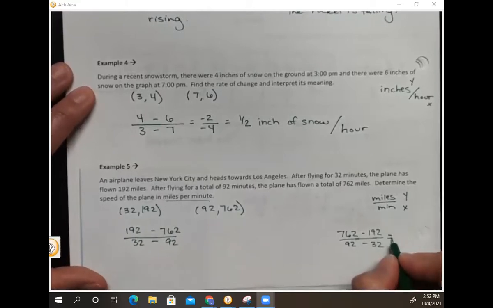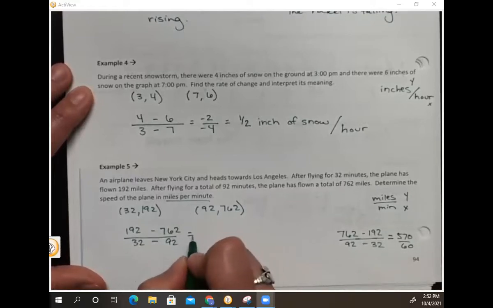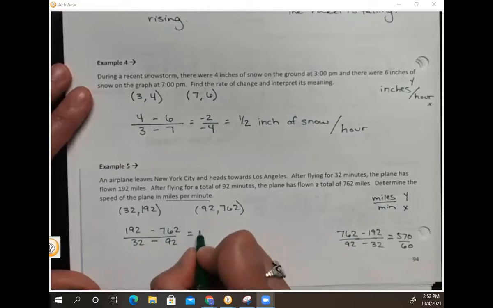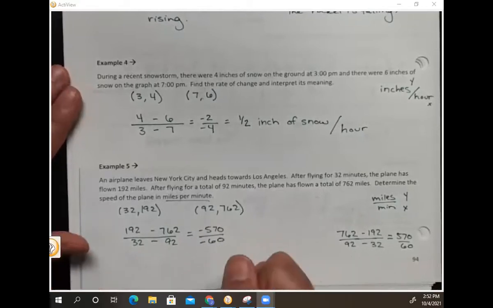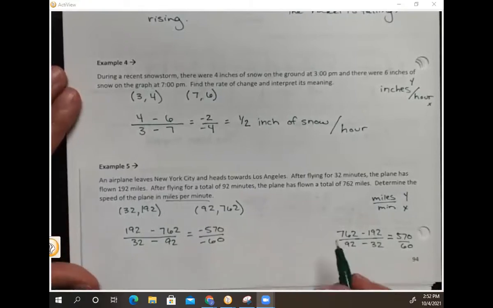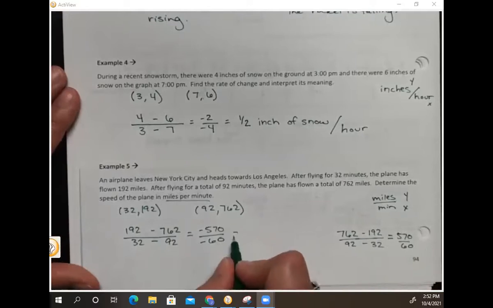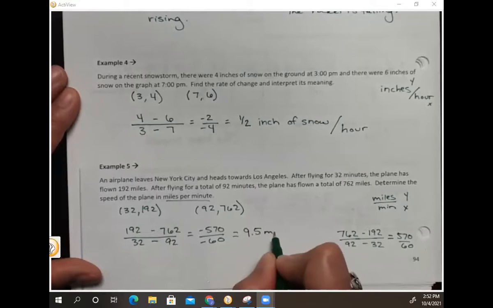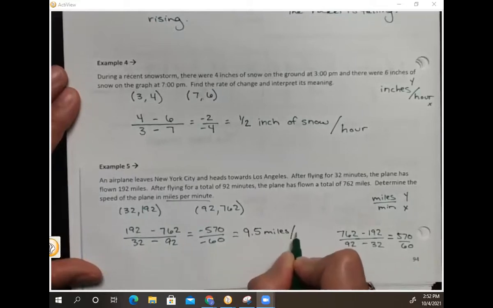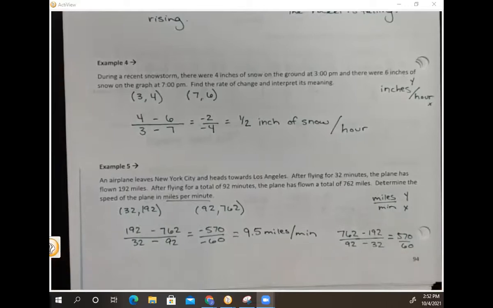And you said you got 570 over 60 here, right? So when we subtract, we get negative 570 over negative 60. And a negative divided by a negative is going to flip our answer to a positive. So whichever setup you use, this should simplify to 9.5 miles per minute. Right? That's our label, miles per minute.